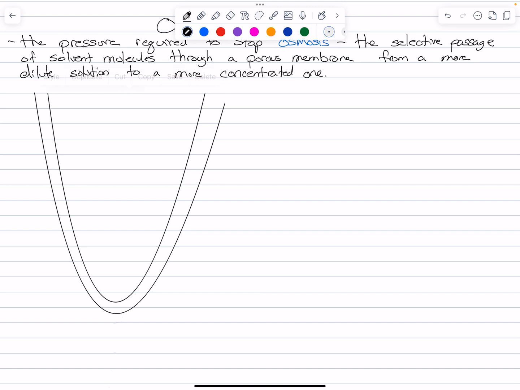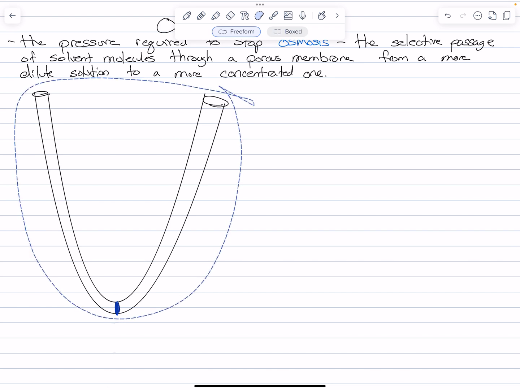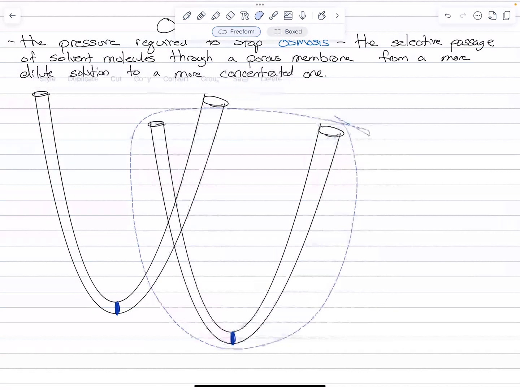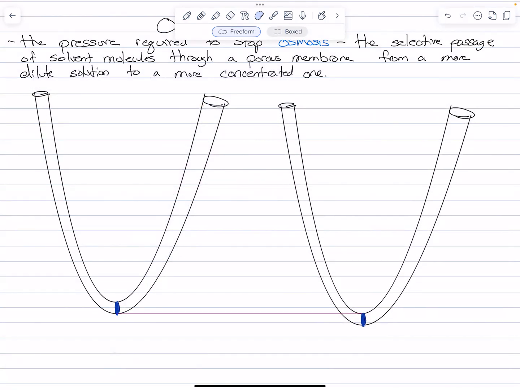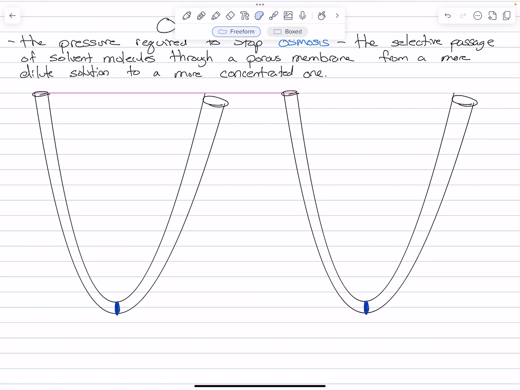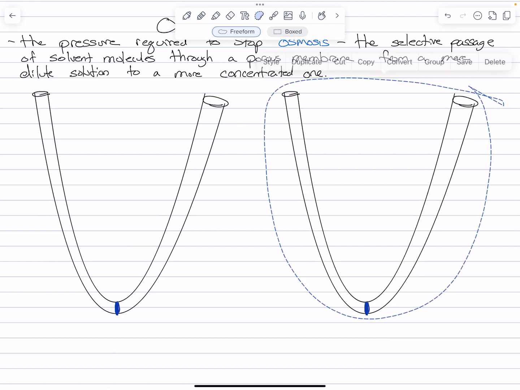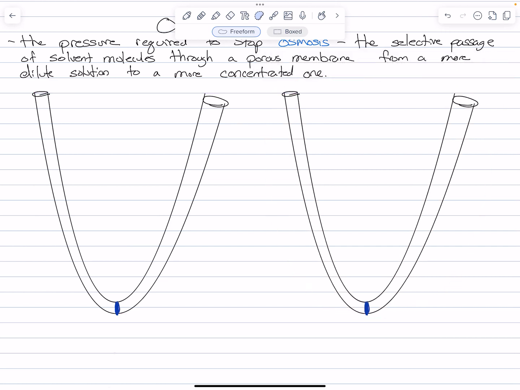Okay. That's close enough for our purposes. All right. And then right here, you get your semi-permeable membrane. So now I'm going to cheat and duplicate this. At the exact same. Perfect. All right, so we got our semi-permeable membrane.